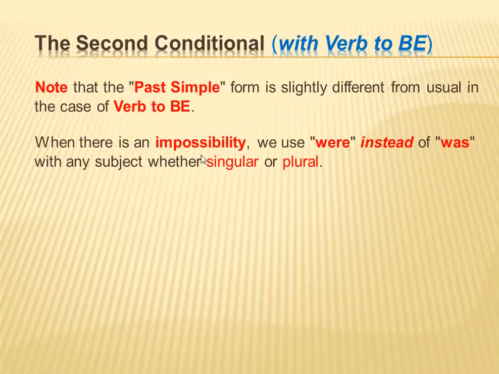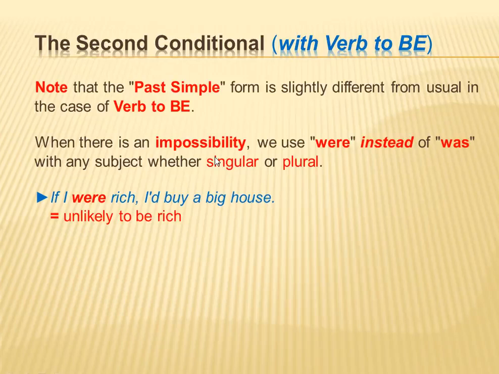For example, if I were rich, I would buy a big house. Actually, now I am really poor and I am not rich. Unlikely to be rich and hopeless to be rich. That is why we can use it in a conditional, and you can use were instead of the word was.